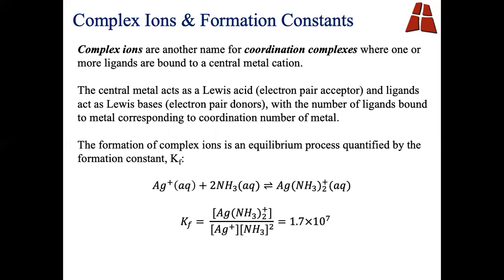An example we can think about here: silver. Ag+ can react with ammonia, NH3, to make the complex ion Ag(NH3)2+. If we were to draw out Lewis structures for these, our ammonia would have an electron lone pair that can donate into our Lewis acid, that is our Ag+, to form this complex ion.